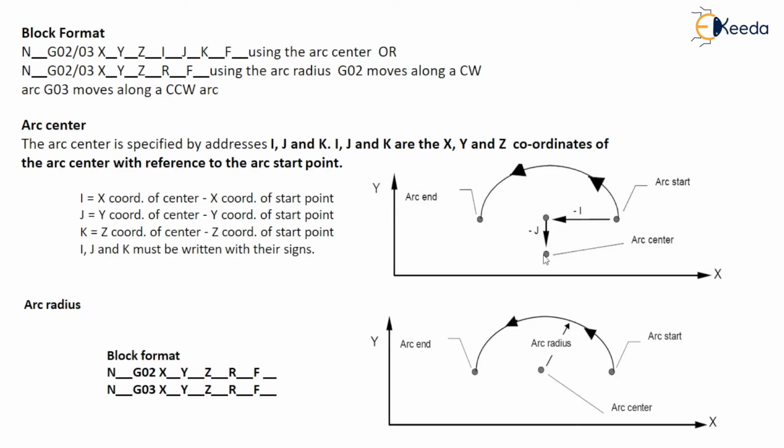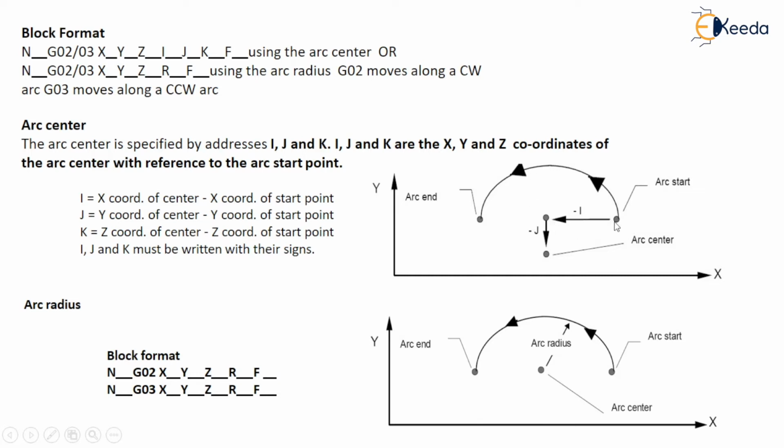Then block format for arc center and arc radius. In arc center, I, J, K terms are used respectively for X, Y, Z coordinates from the start point. Okay, and if you observe from the start of the arc to the end of the arc, the center will be decided. So the center of the arc is required.